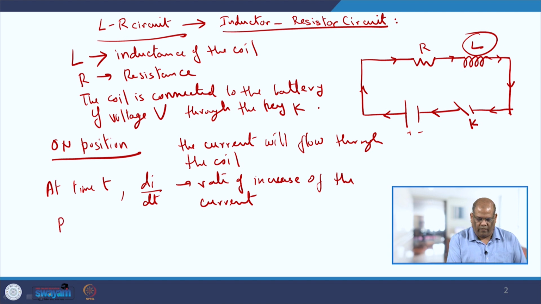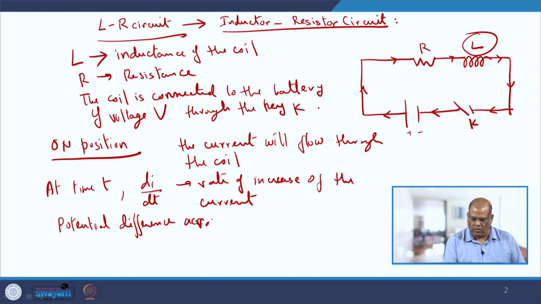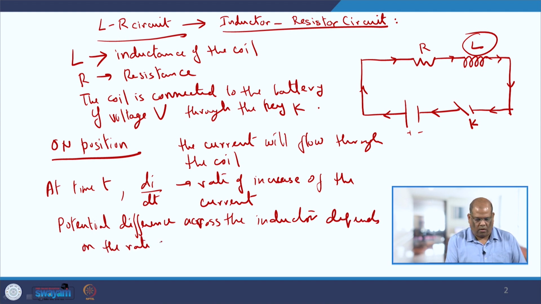Now, the potential difference across the inductor depends on the rate of change of current passing through the inductor.